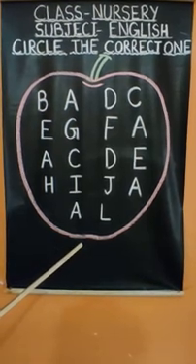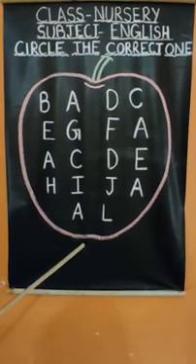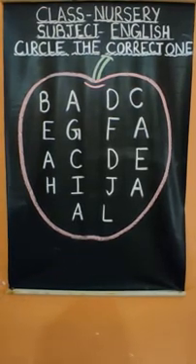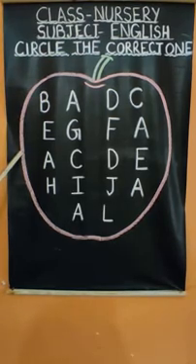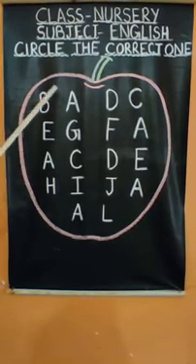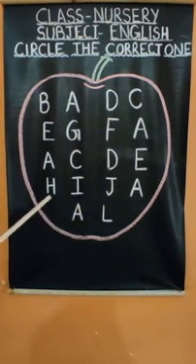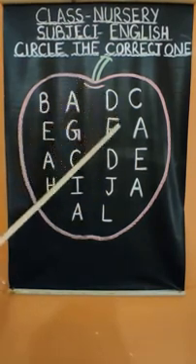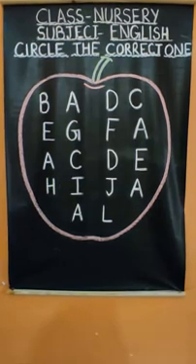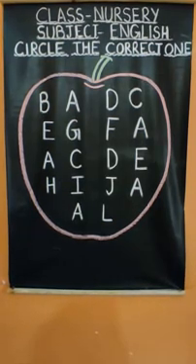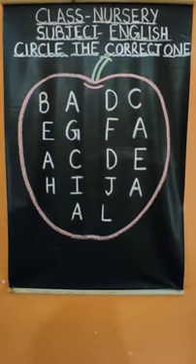A for apple. Yes. So you know that this is A for apple and a lot of A are written in this figure. Okay. So you have to circle A. Only A alphabet.